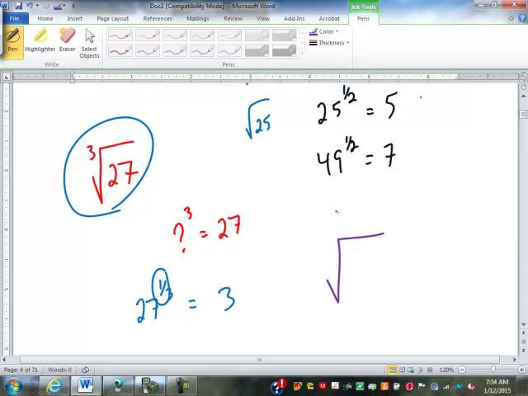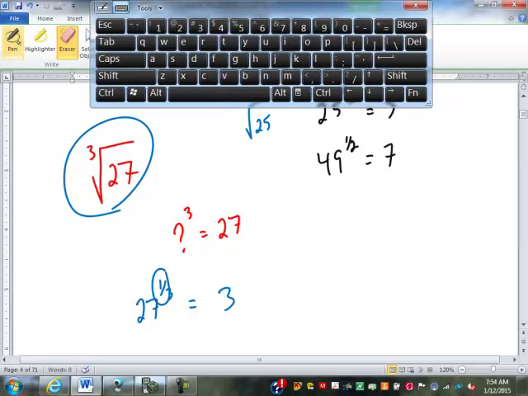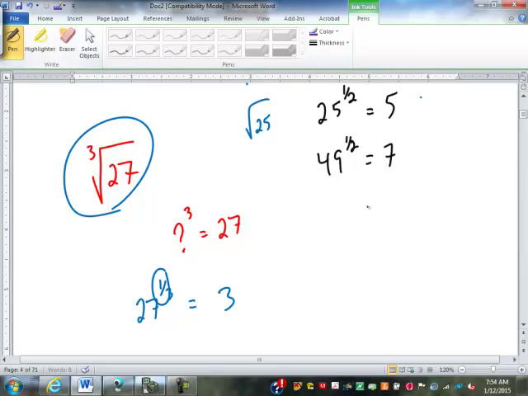So how about 64 to the power of 1/3? What do we get? 4.